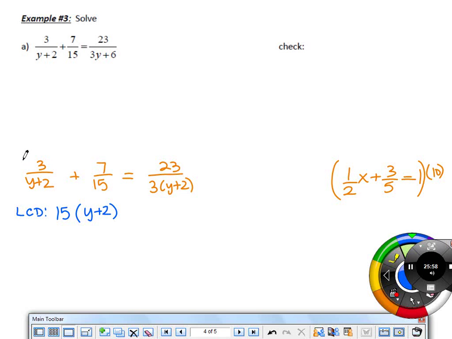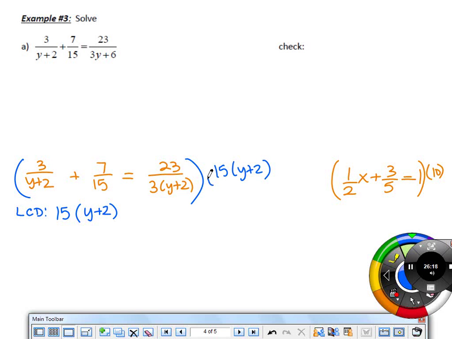I am going to multiply this entire equation, both sides of it, by what I would normally make the denominator, the 15 and the y plus 2. Okay. So how does that help me?